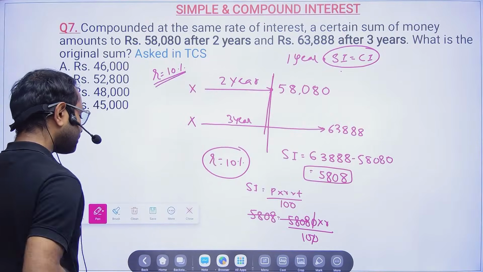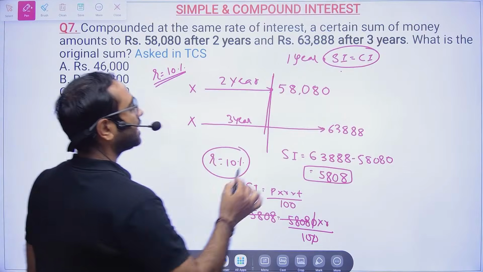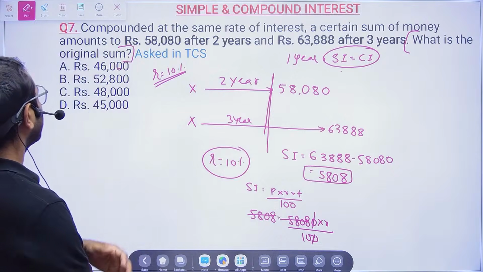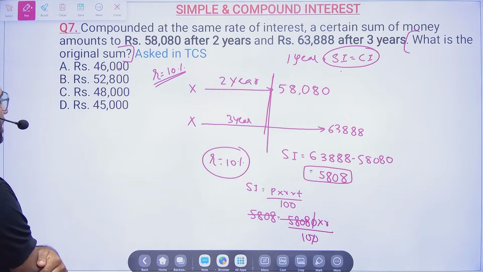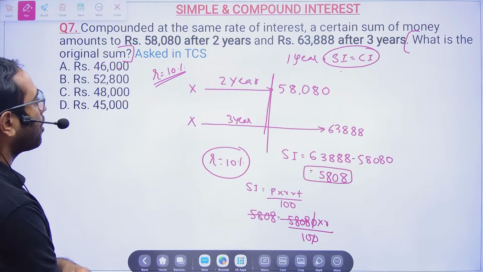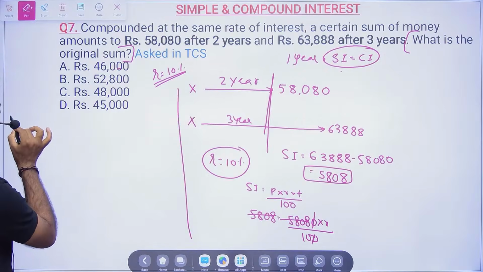Okay. Now here I need to use a formula. They are asking, what is the original sum? Either you can go with the options, or you can also calculate. Now let us see. Try to use a little bit of your mind.